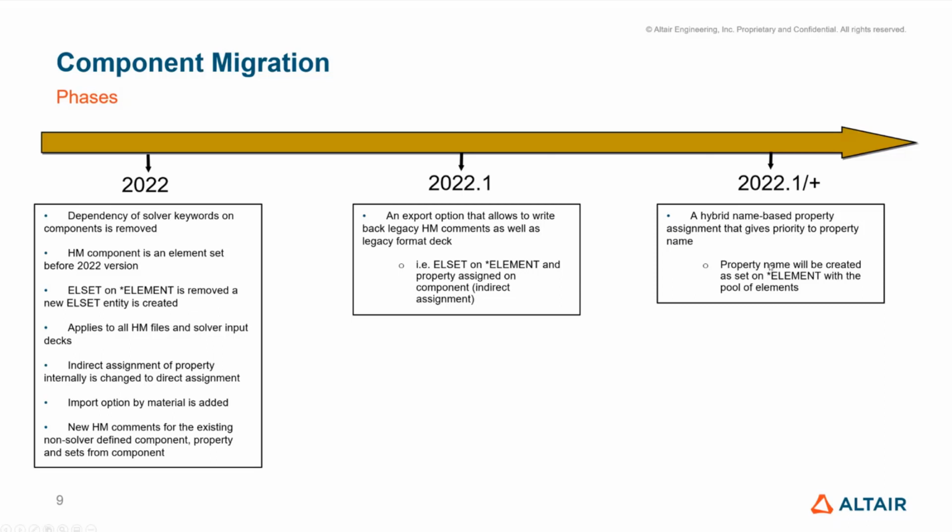the property name is going to be used as the set in the star element. So the L set which was gone, now it'll come back, but it'll carry the property name. This actually lies in tandem with how a typical Abacus deck is created, in the sense that property can be a hierarchy underneath the subsystems.